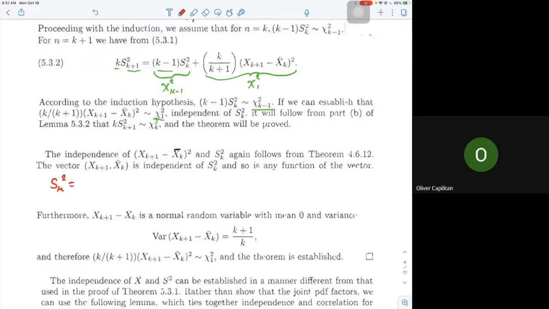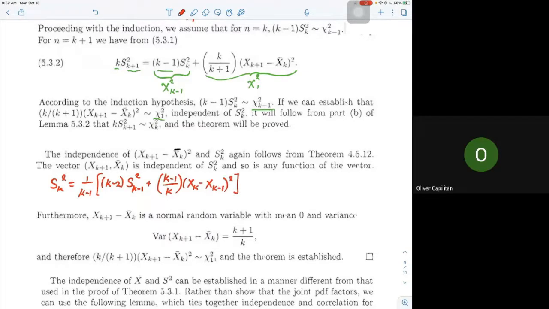Now, if we're going to use the equation 5.3.1 above, we have this result: 1 over k minus 1 times, we have here k minus 2, then we have s sub k minus 1 quantity square plus k minus 1 over k, then we have x sub k minus x sub k plus, s sub k minus 1 quantity square.